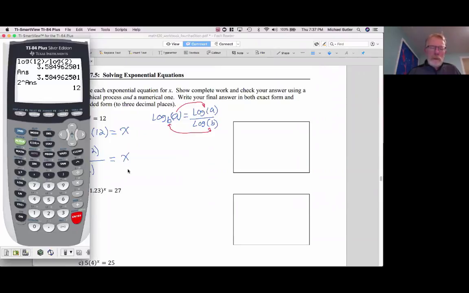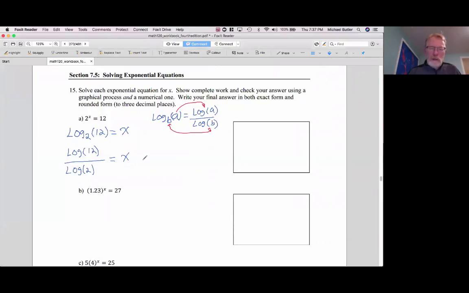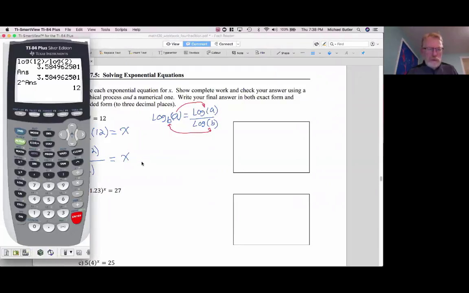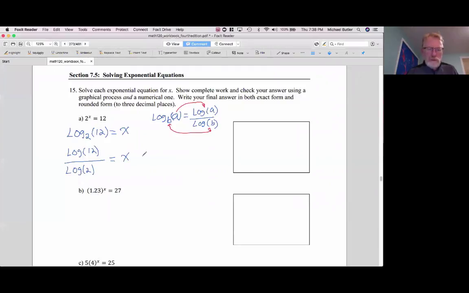All right, so let's come back over here, because they wanted the answer out to 3 decimal places. So to 3 decimal places, 3.585 is approximately equal to x.